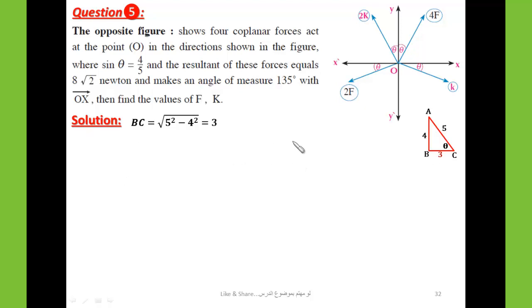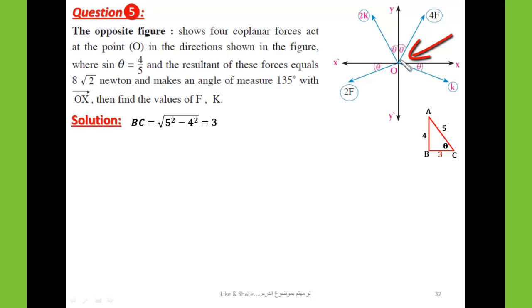First we must know the measures of the angles between each force and the positive direction of the x-axis. This angle here equals 90 minus theta.